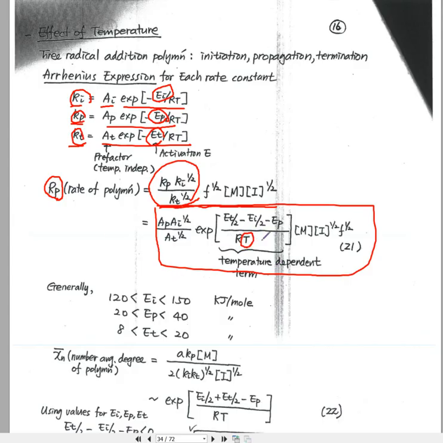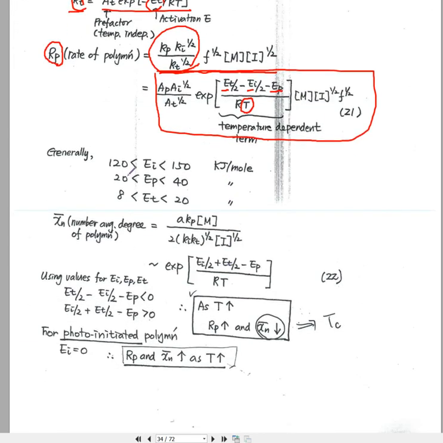So it should depend on the activation energy of each step: termination, initiation, and propagation. Generally, in free radical polymerization, the initiation activation energy is between 120 and 150 kilojoules per mole, propagation 20 to 40, termination 8 to 20.